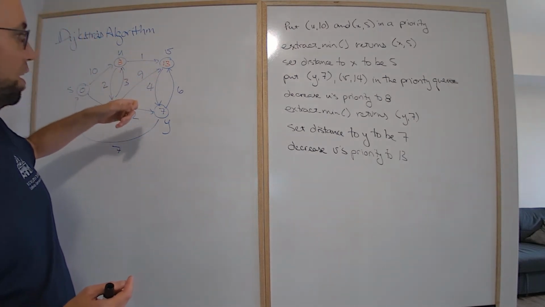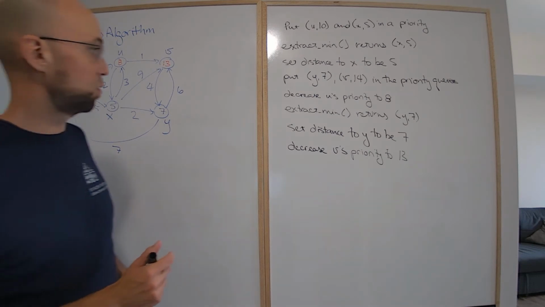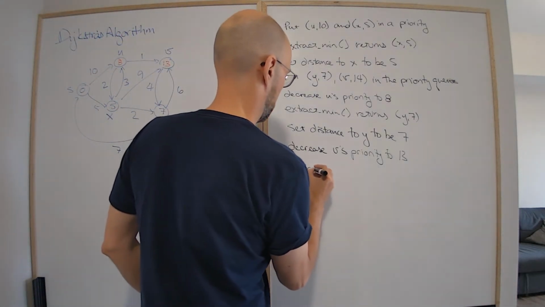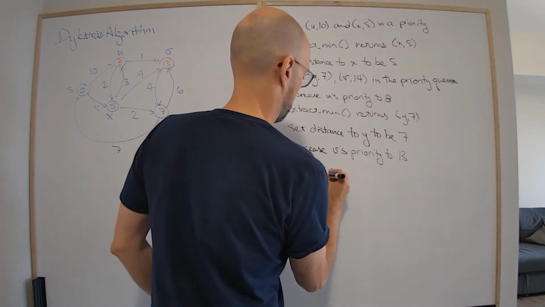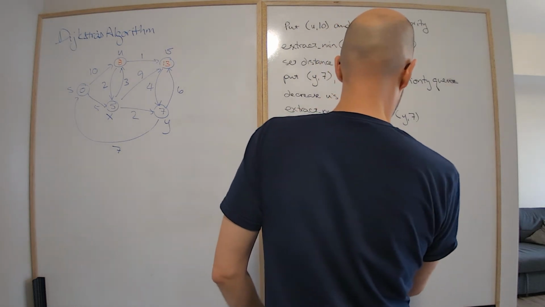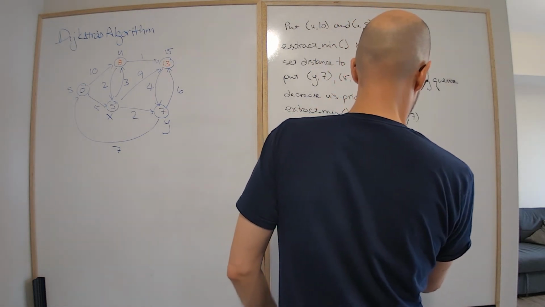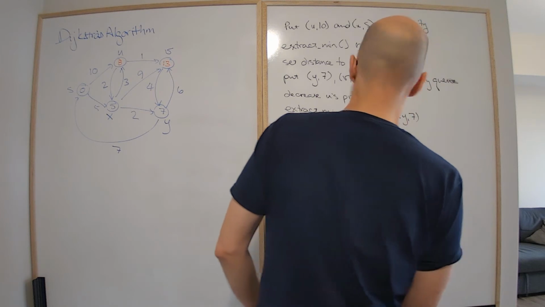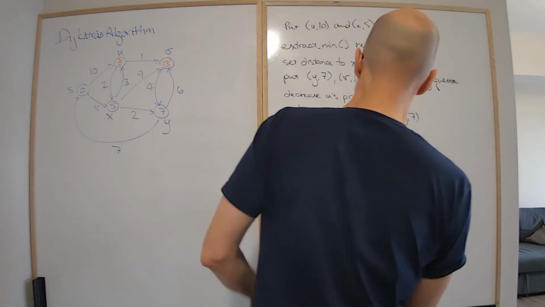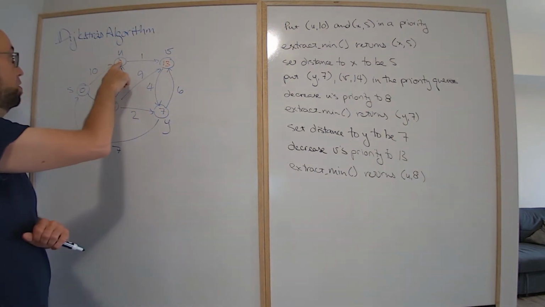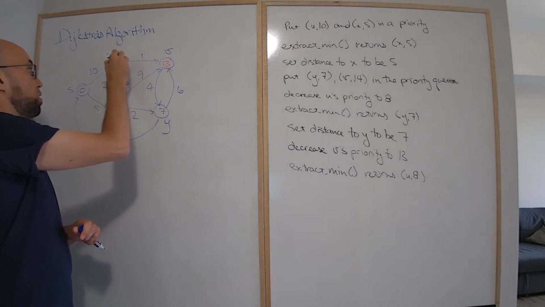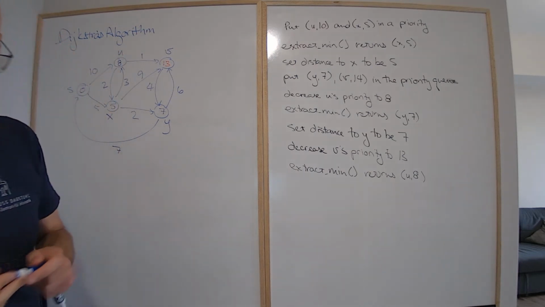And so now you're going to extract the min. It returns U10, sorry, U8. So the distance here, you actually know it is now 8.